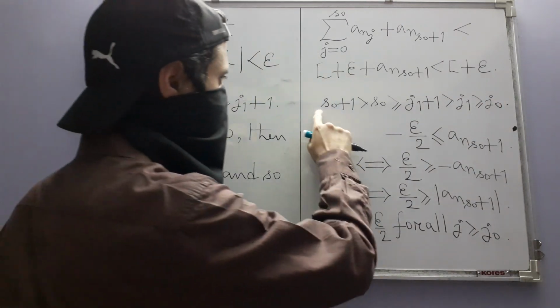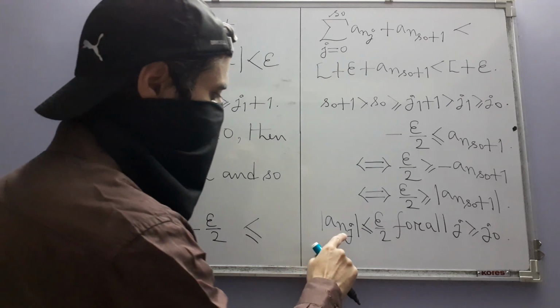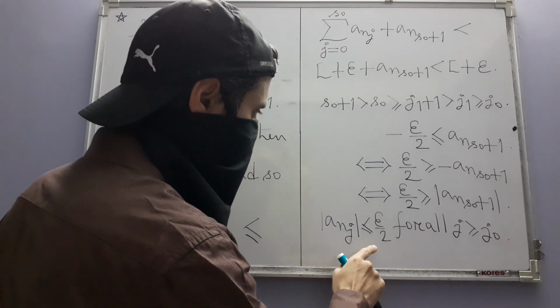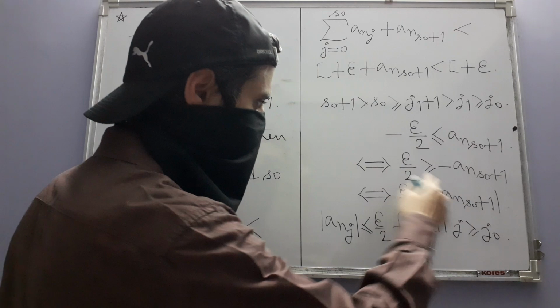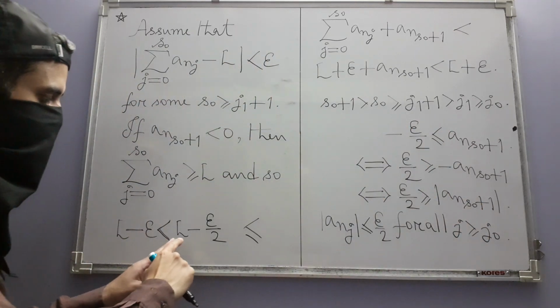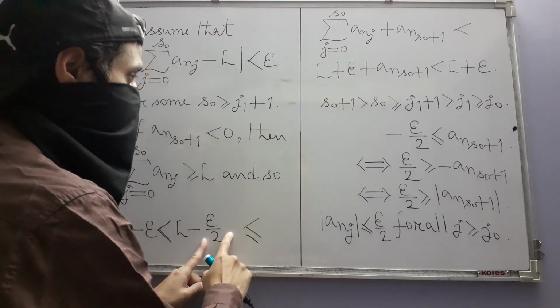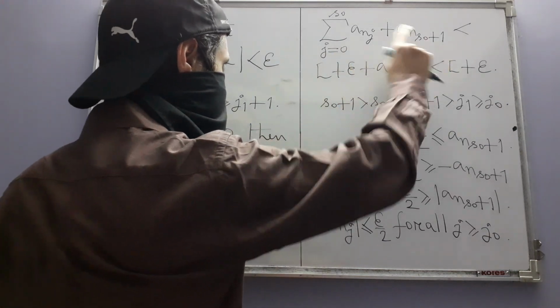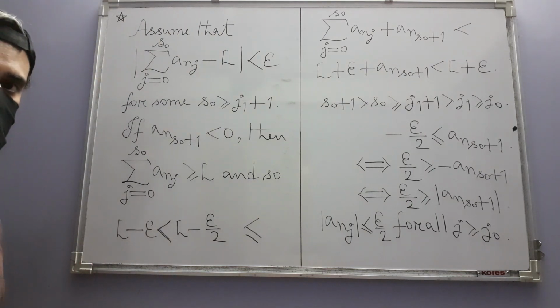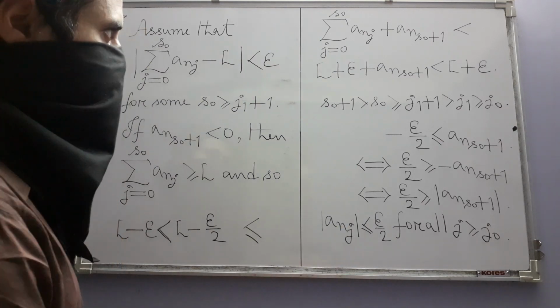So definitely S naught plus 1 is greater than or equal to J0, and so can be considered here, which means this inequality, and this implies this. So that is why not only is L less than or equal to this, but minus epsilon over 2 is also less than or equal to this. Okay. Now, so this much we have understood.